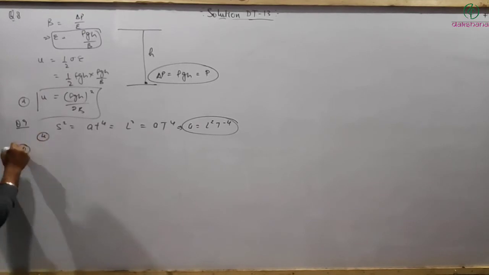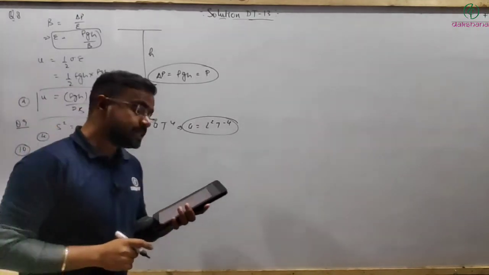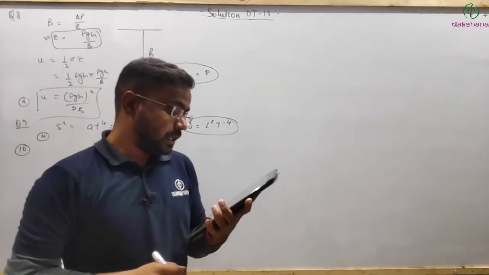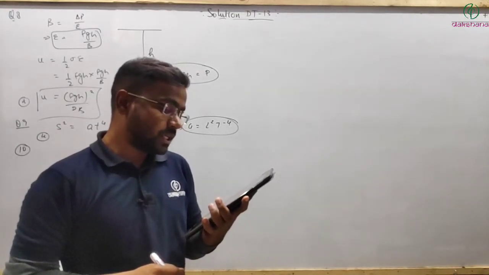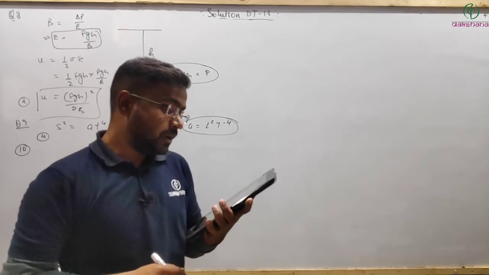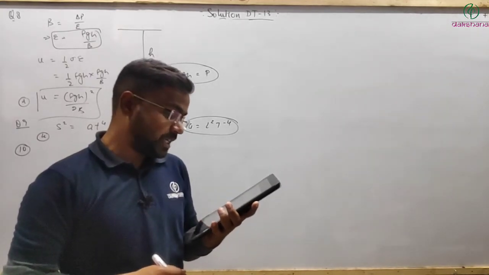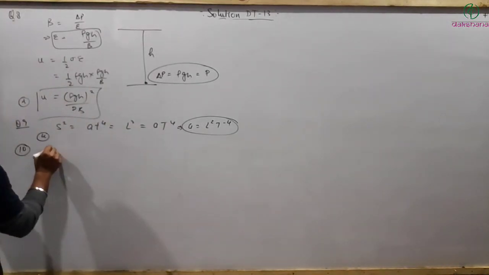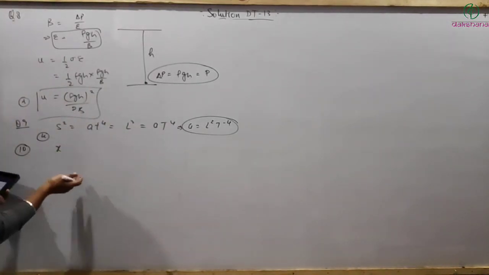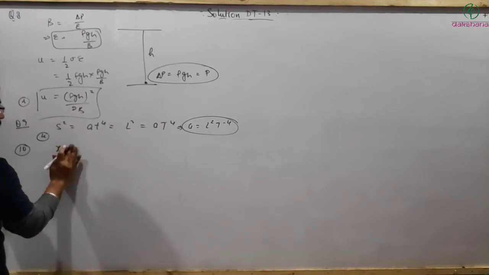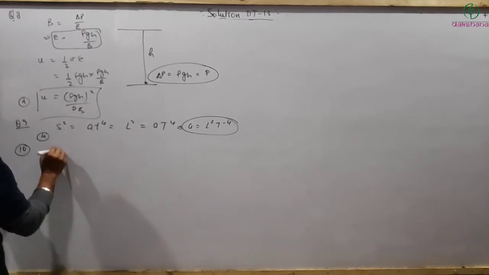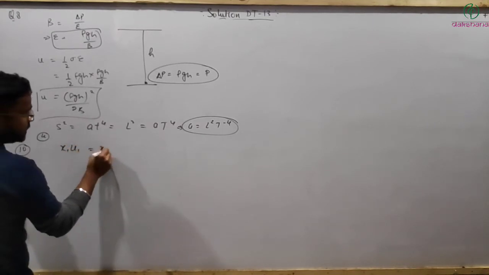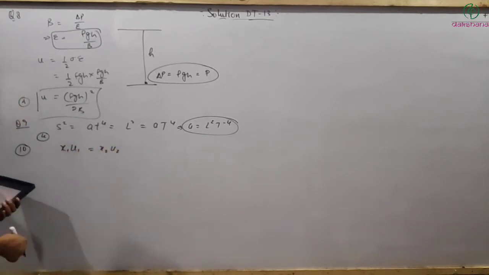Question number 10. In CGS system, the magnitude of force is 100 dynes. In another system where the fundamental physical quantities are 1 kilogram, meter, and minute, find the magnitude of the force. So here we know the conversion: the quantity magnitude x1 in unit u1 is equal to x2 in unit u2.